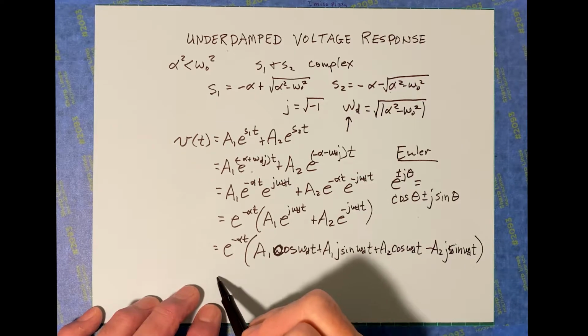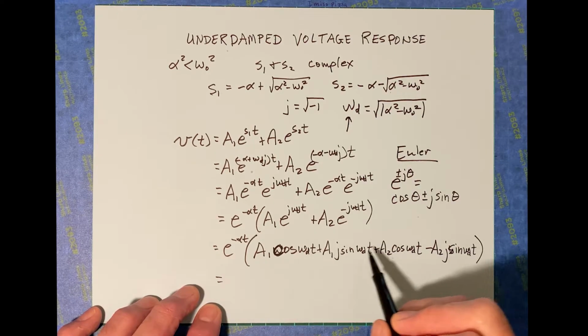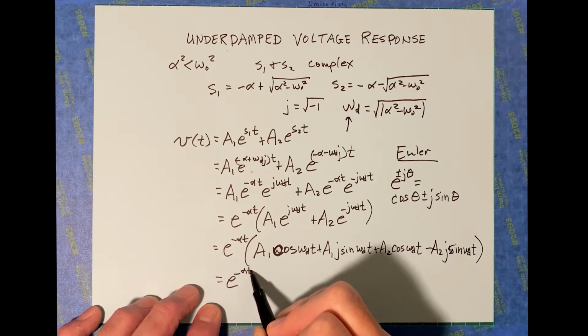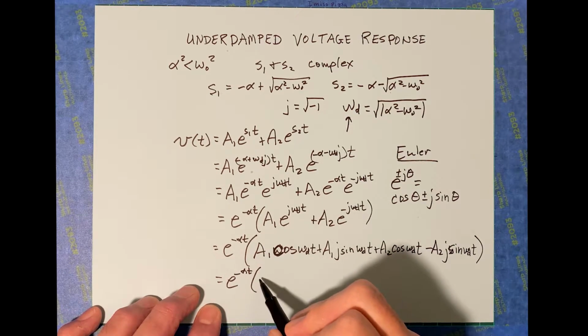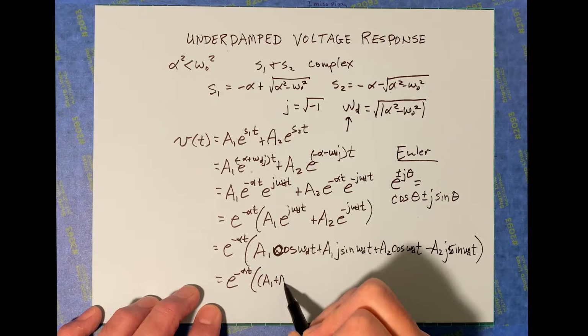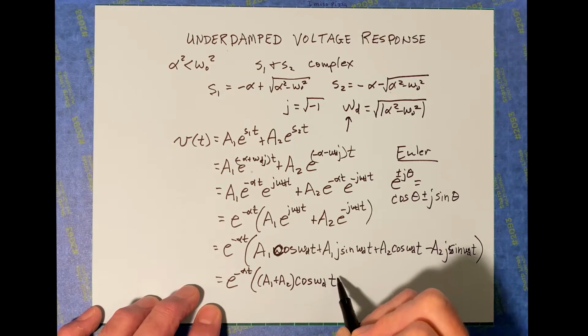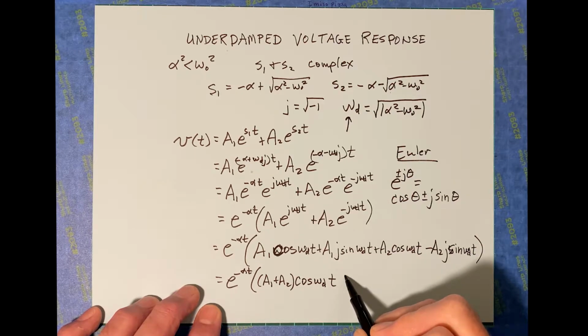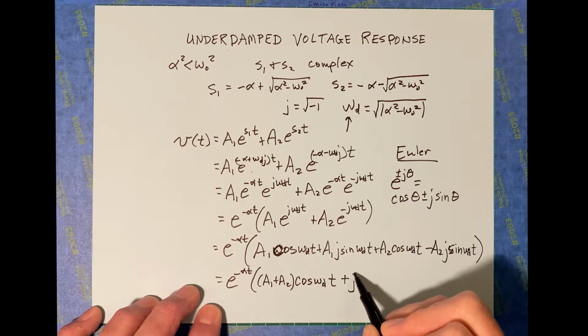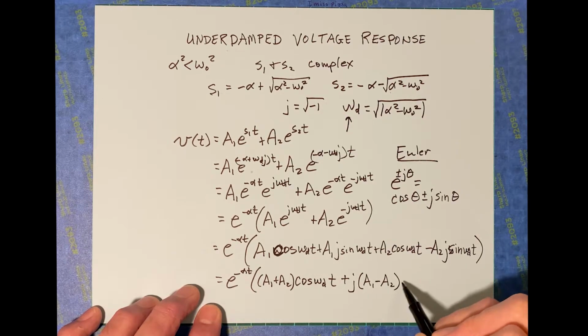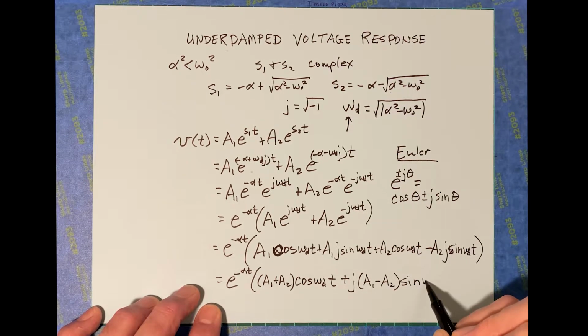Okay, I can simplify that a little bit, group together the cosine terms and the sine terms here. e to the minus alpha t times, let's see, I got (A1 plus A2) times the cosine omega sub d t, plus j (A1 minus A2) times the sine omega sub d t, like that.